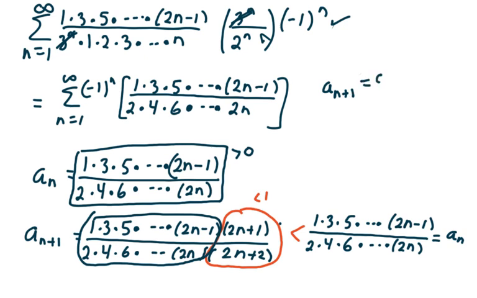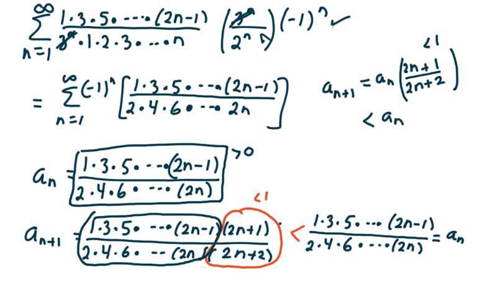I took a sub n, which we've already argued is greater than 0, and I multiplied it by something less than 1. Okay? So I multiplied it by 2n plus 1 over 2n plus 2. That's less than 1, which says that this is less than a sub n.